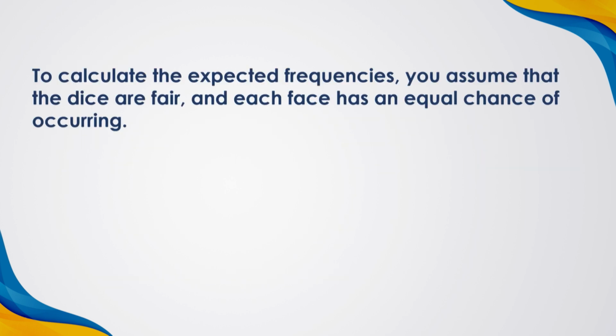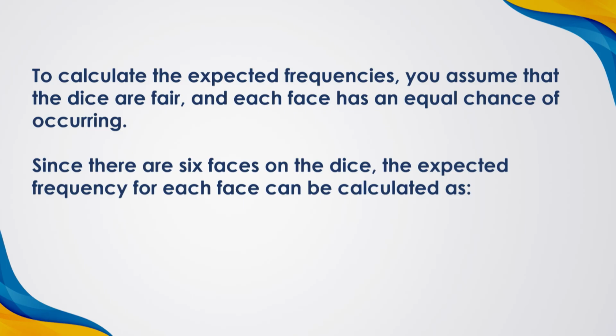To calculate the expected frequencies, you assume that the dice is fair and each face has an equal chance of occurring. As we have been discussing on the assumptions of chi-square, there should be independence and an equal chance should be considered.